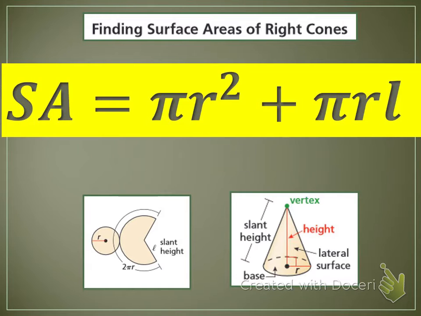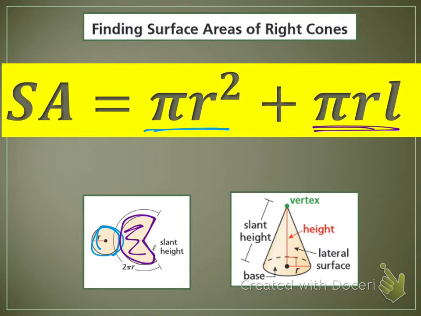You want to put that in the big blank in the middle of the page. So pi r squared, which represents the circle portion of the cone, and then for the lateral portion, you use pi r L. Again, pi r squared is for the circle part, pi r L is for the surface area of this part.